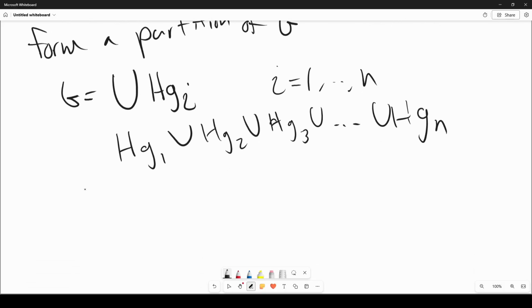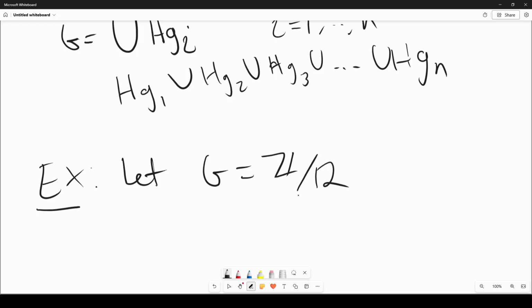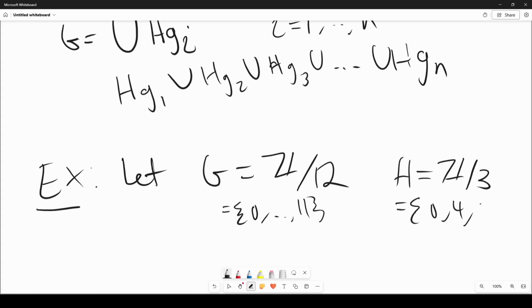Okay, let's do another quick example to get a better understanding of this. Let G be equal to Z mod 12, which I'm going to think of as the set 0 to 11, and H be the subgroup Z mod 3, which I'm going to think of as 0, 4, 8.